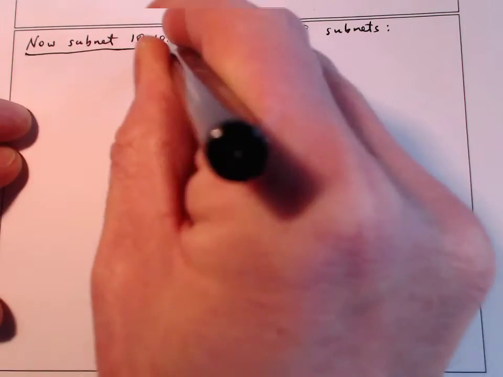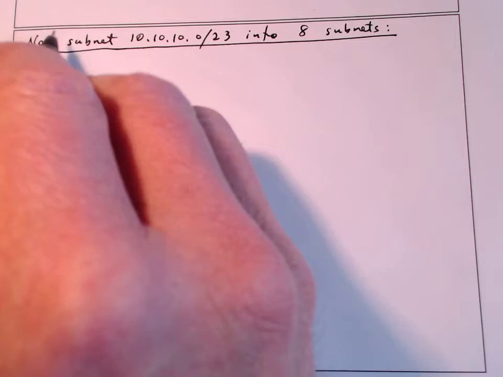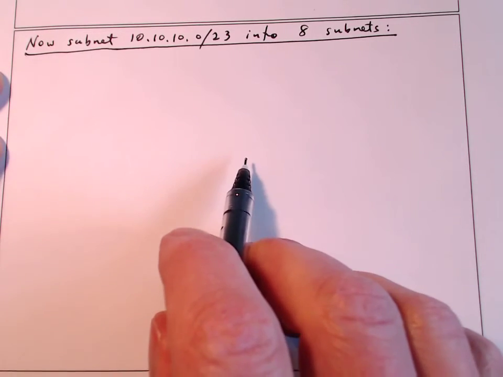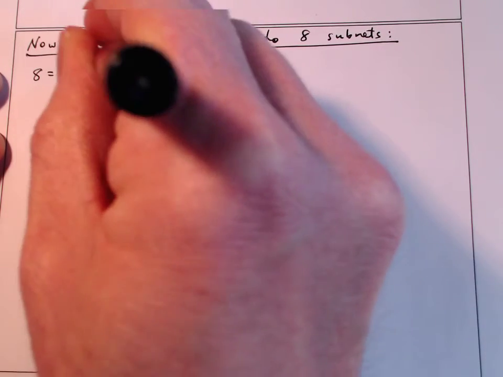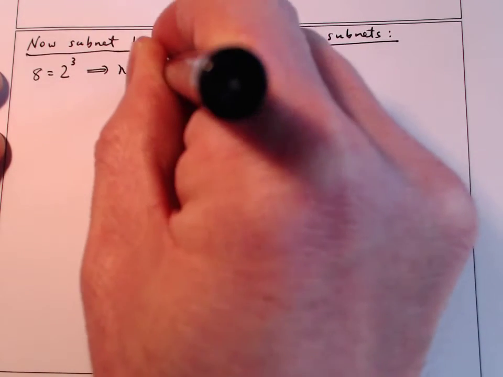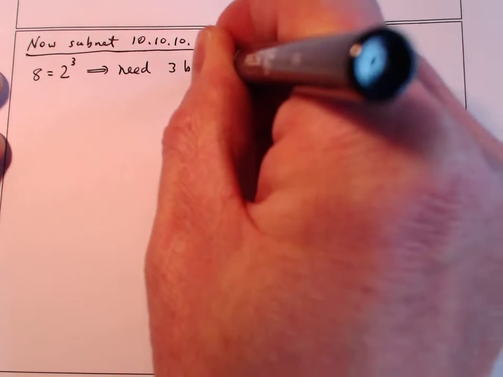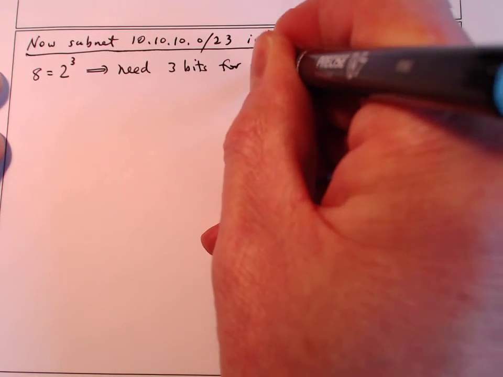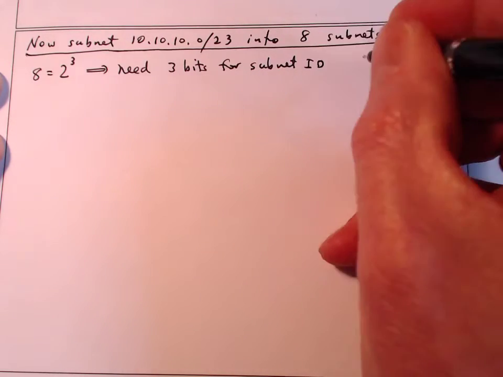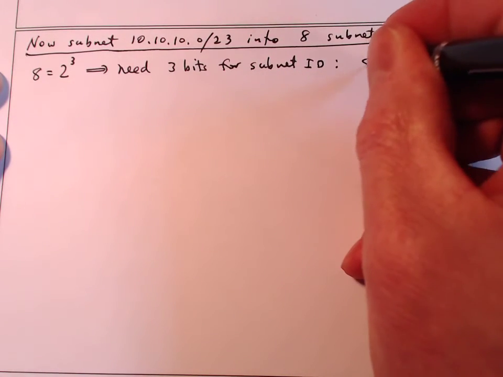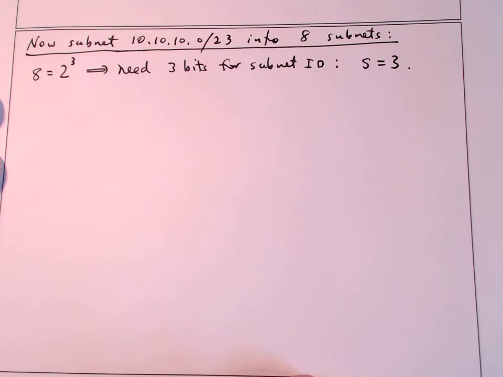And 8 subnets means we need 3 bits. 8 is 2 to the third, so we need 3 bits for our subnet ID. In other words, S is equal to 3.